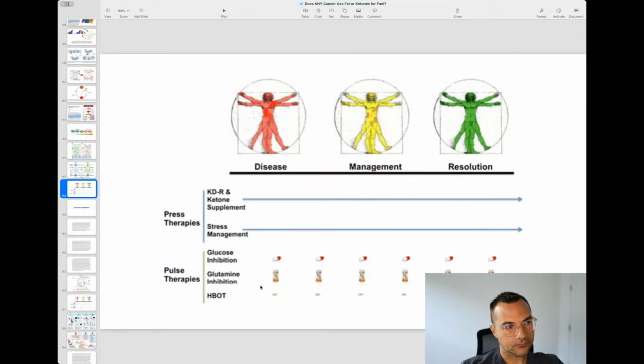But my point is that when you're in a difficult situation of a diagnosis like cancer, and you're trying to change your entire life and learn all these things and start implementing this therapy, it's very difficult.